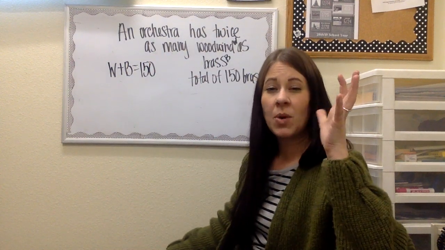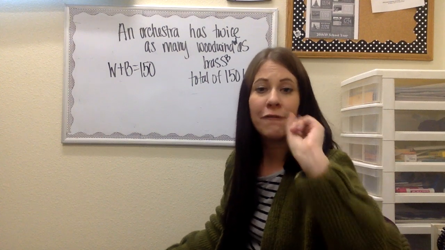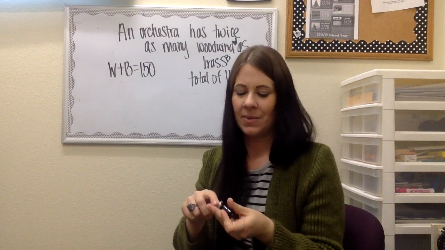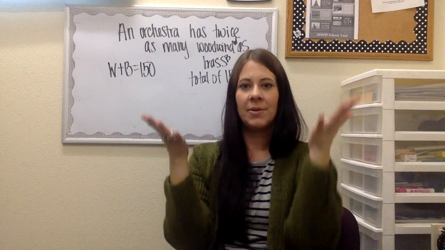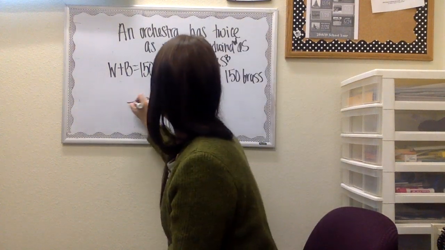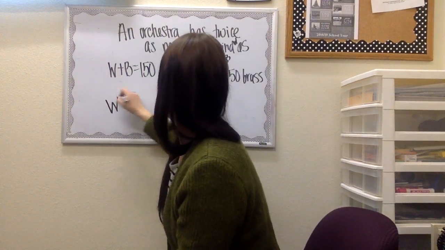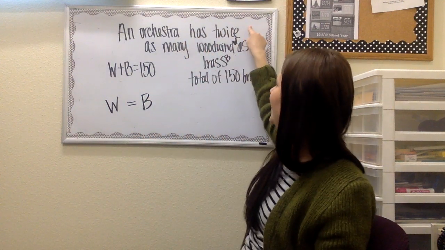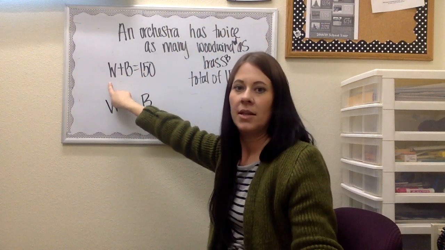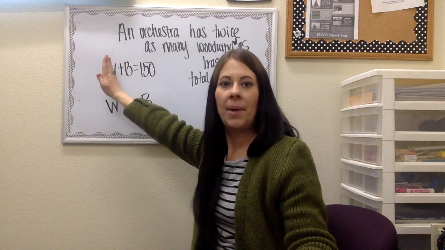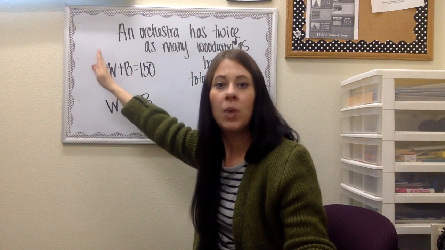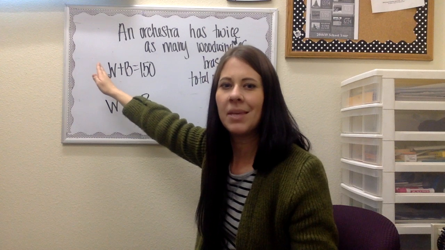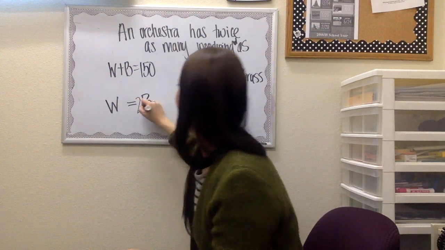Now let's work with that twice as many. So I'm going to go back to the first one I said, and that's why I'm ending with this one. I have an equal sign. I want to make woodwinds and brass equal, but they're not equal. There are twice as many woodwinds. So woodwinds are up higher. There are more woodwinds. So what do I need to multiply to make them equal? The brass.